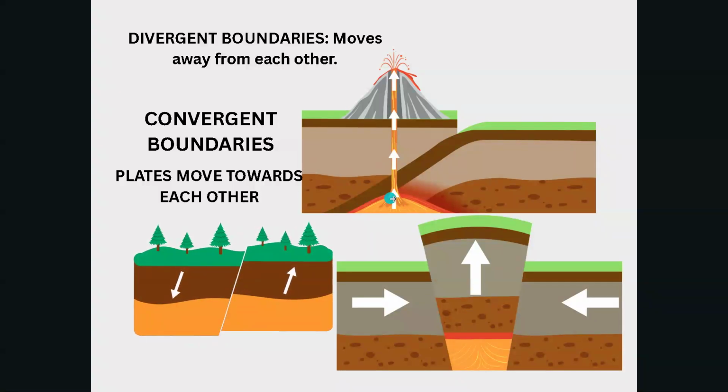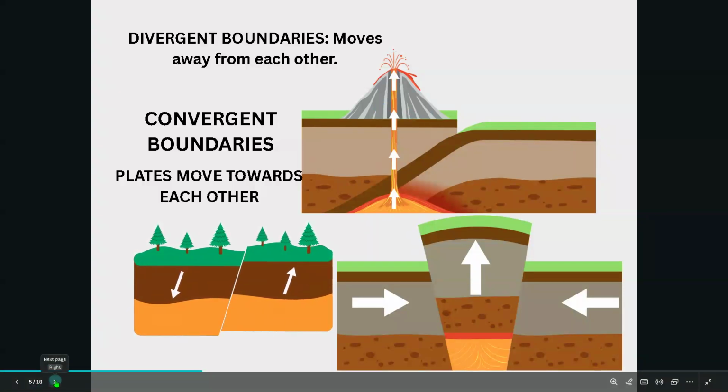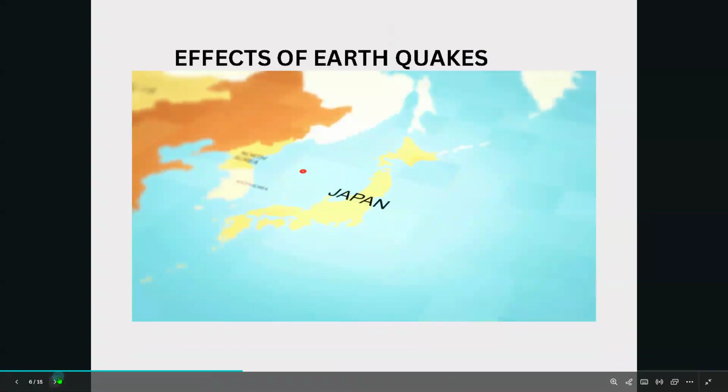So liquid molten rock inside the earth will try to make a way and come out. Okay. So when it comes out, a crater is formed and it will come out and get solidified. So mountains will be formed. Okay. Here landslides you will find. I'll show the pictures.